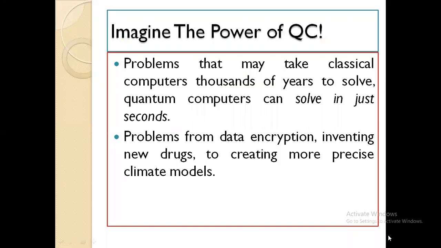Now, to understand the power of quantum computing: problems that may take classical computers thousands of years to solve, quantum computers can solve within just seconds.